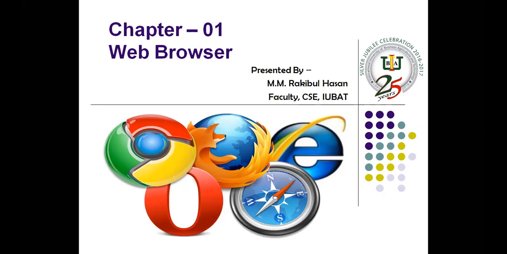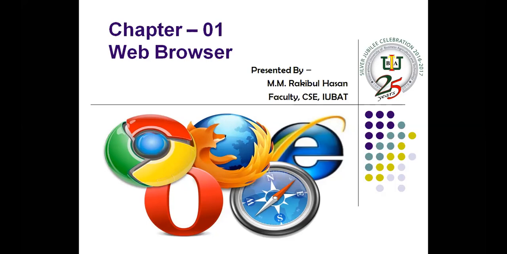Okay, all right. So that's why I'm asking. By using a web browser, we basically surf on the internet, isn't it? We search different web pages. So mainly we use a web browser to access different content from the World Wide Web.